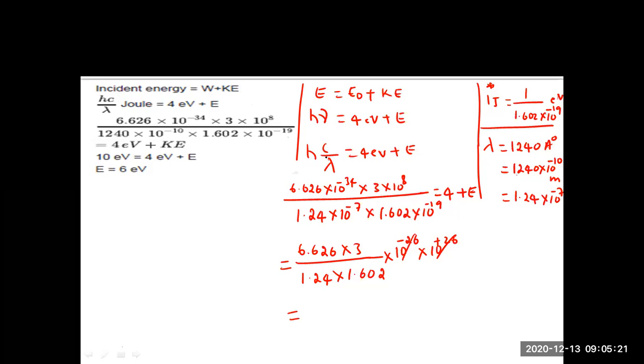So you can see here, the numerator will be 9 point something divided by 1.6. Sorry, it is 6 times, not 3 times. It is 6 times.